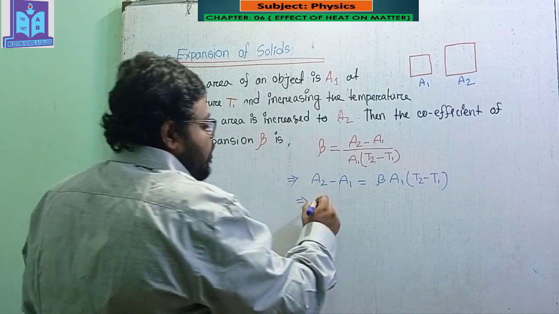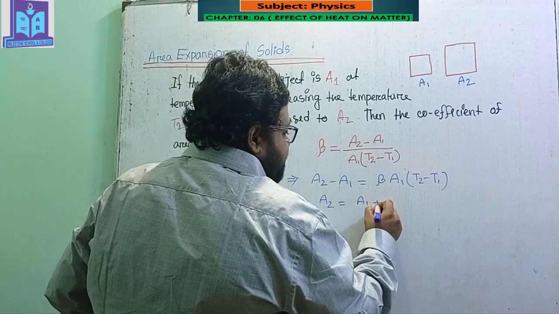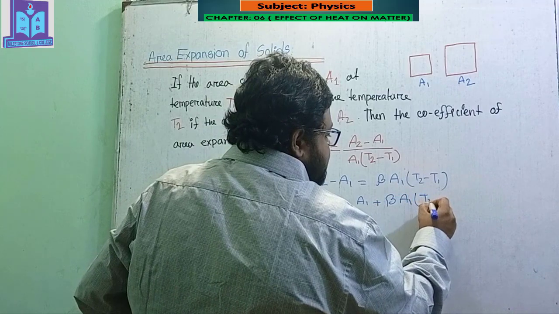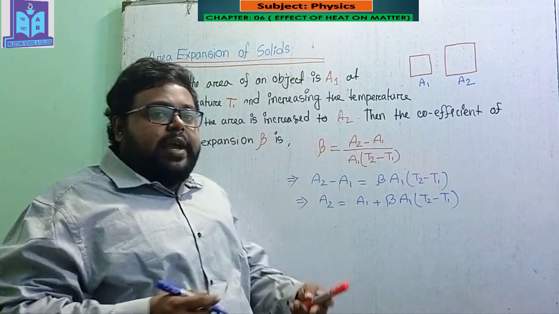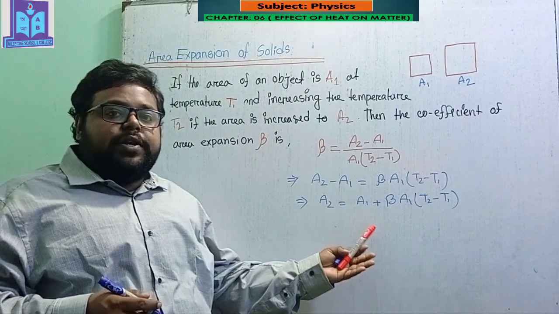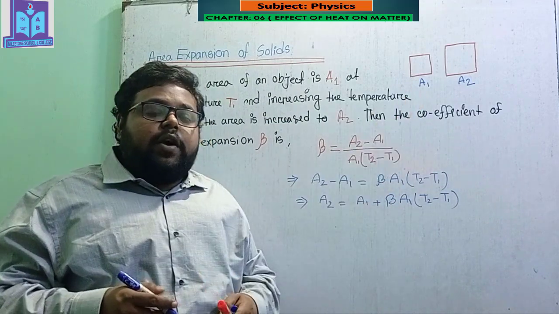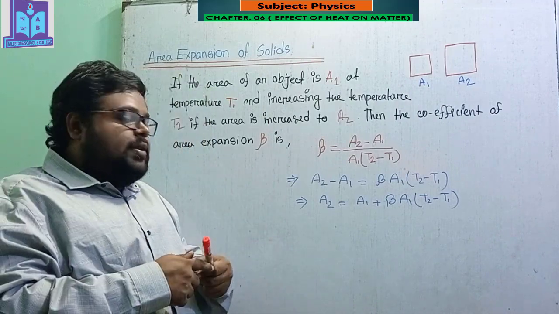So A2 equals A1 plus beta A1 (T2 minus T1). So my dear student, by using that equation, we can find out the increased area of any solid. I hope you understand.